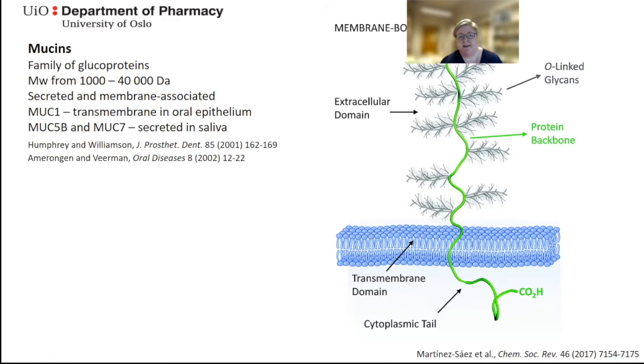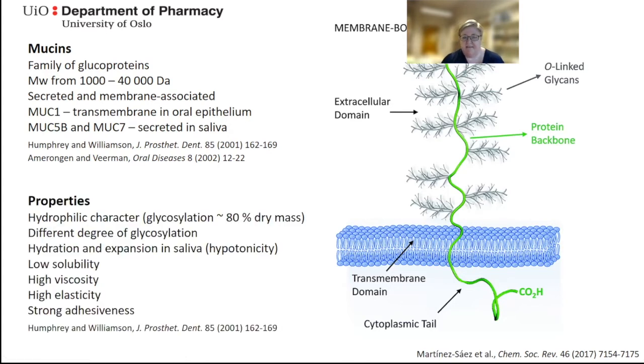And there are approximately 21 genes coding for mucins. And MUC1, that is a transmembrane type of mucin that is present in the oral epithelium. And among the secreted mucins in saliva are MUC5B and MUC7.